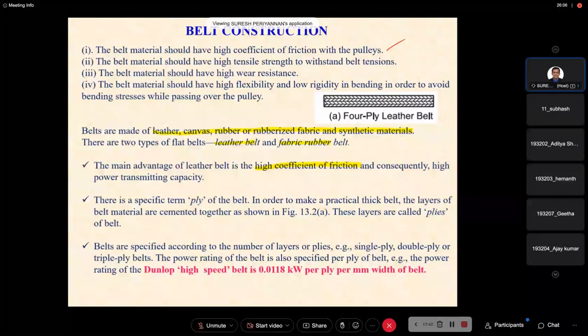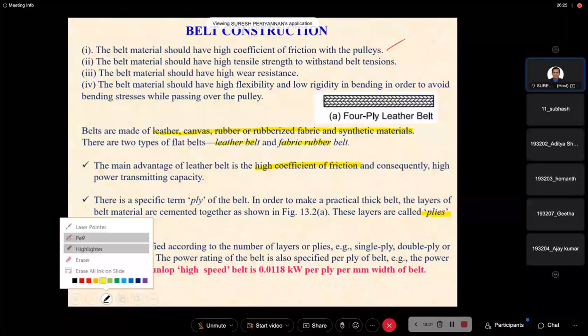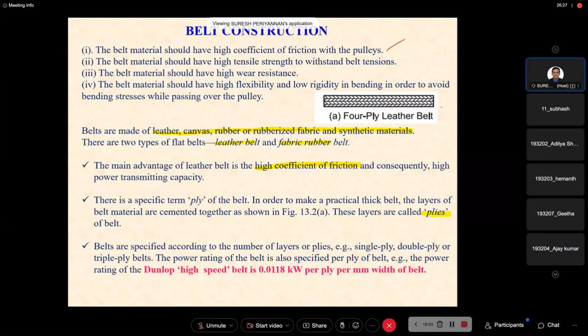Now see here, this is a 4-ply leather belt: layer 1, layer 2, layer 3, layer 4.